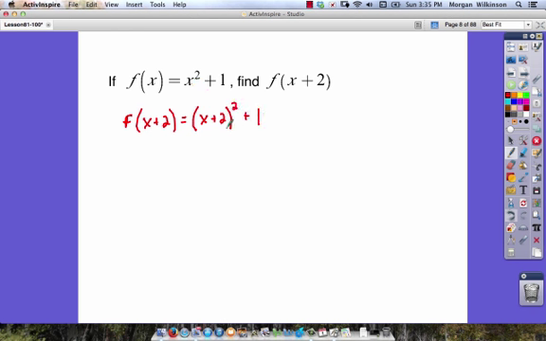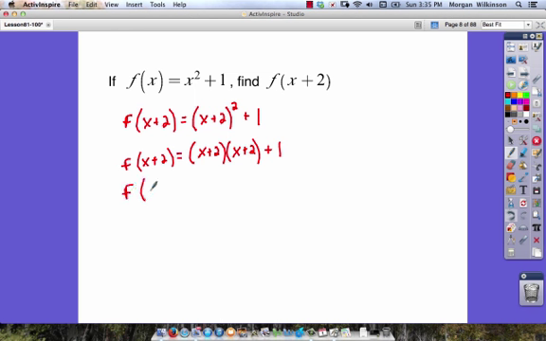And now we can solve. We know x plus 2 squared, that means x plus 2 times x plus 2. Whole thing is plus 1, and we have our function notation to begin with. F of x plus 2 is equal to all this. So let's solve.